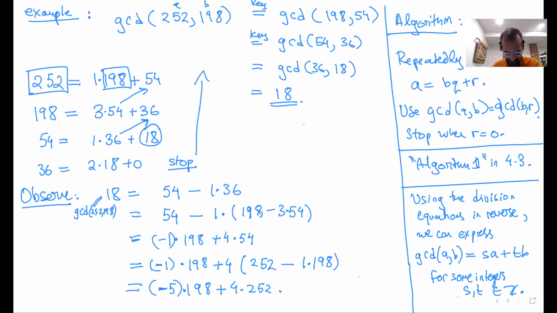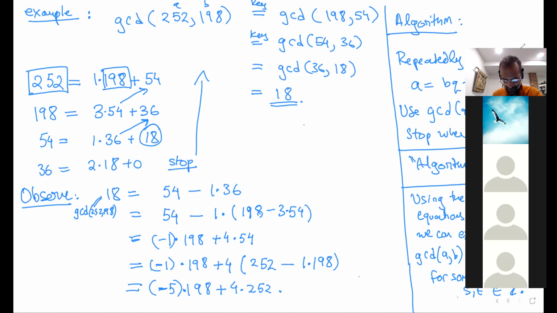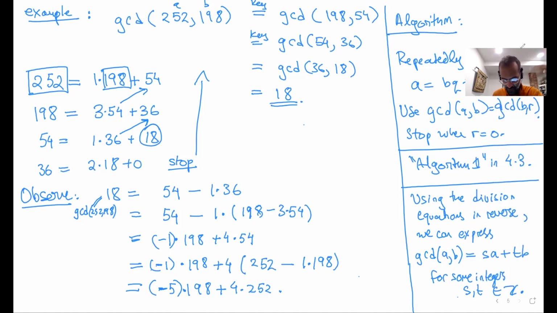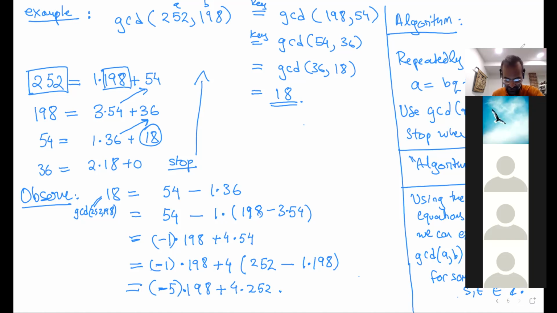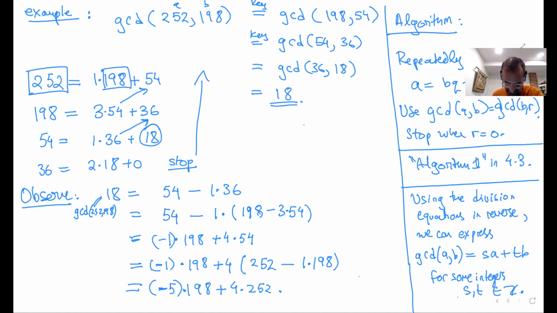Okay, so this is the key additional feature of this algorithm I want to emphasize. One is that the algorithm allows you to compute the GCD because it keeps replacing numbers by smaller numbers until eventually it has to stop. And the second is it allows you to express the GCD as a linear combination, which is the word we use here, of the input numbers.